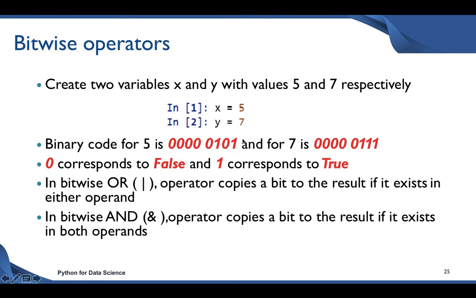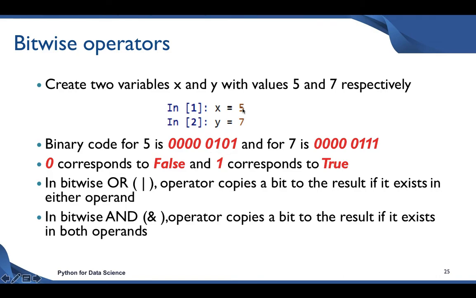At the outermost position, that is 1, this is evaluated as 2 raised to power 0. The next is 2 raised to power 1, then 2 raised to power 2, and this is 2 raised to power 3.